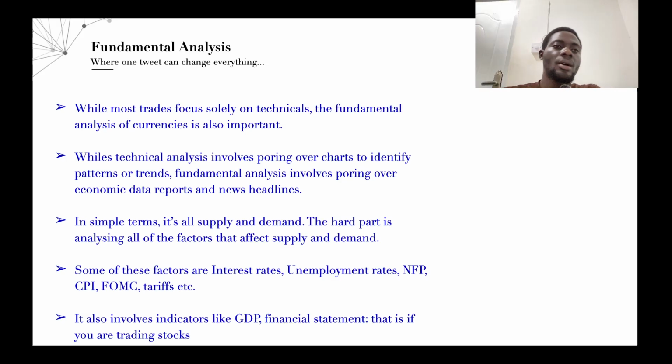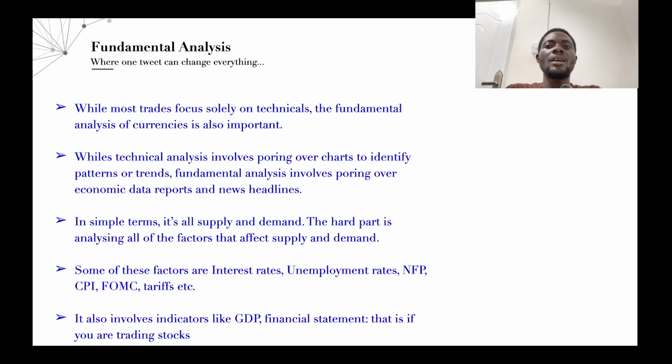Now, fundamental analysis. Fundamental analysis is very uncertain. That's what I call it. And the truth is, all types of analysis are uncertain, but there are certainty rates. Do you understand?